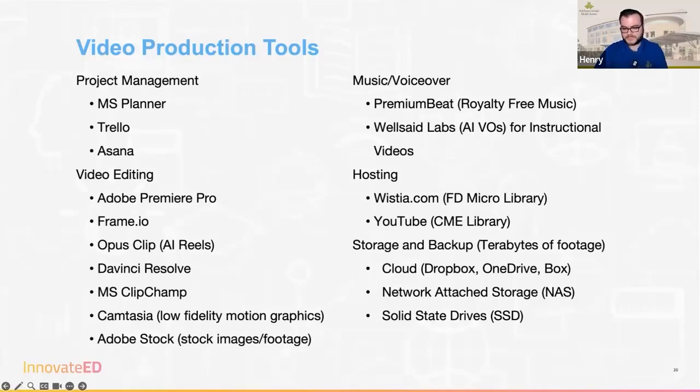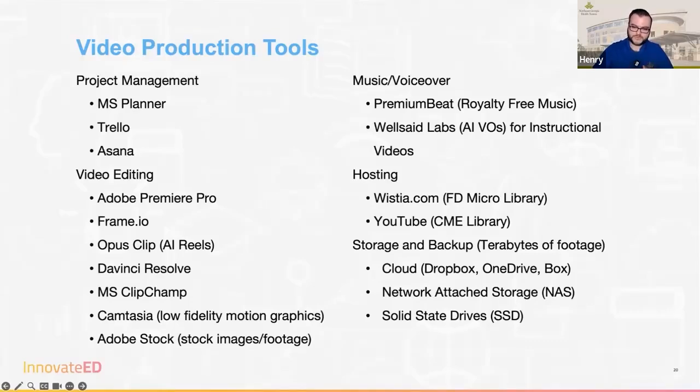Storage and backup, we have terabytes of footage, obviously with so much production, and some cloud options are Dropbox, OneDrive, Box. We use OneDrive at the moment. Network attached storage, we use that for offloading for cold storage after about a year.